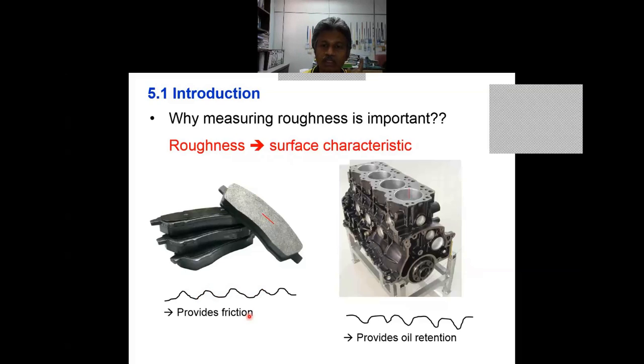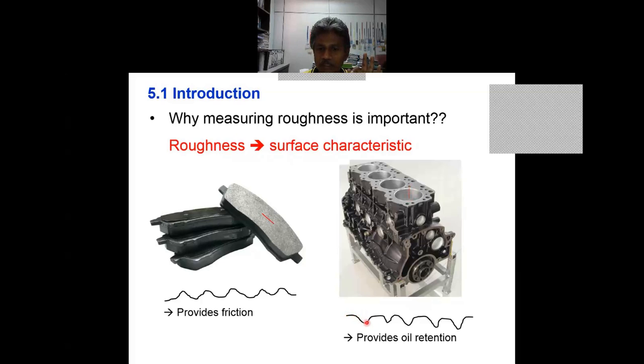But when you look at a surface inside a cylinder bore like this, if you look at the profile along here, this red line is just a line, and this profile represents this section. Similarly, here you have a line, and this profile represents it, and when you zoom in, you see this. Now when you look at the surface inside here, it's very strange.